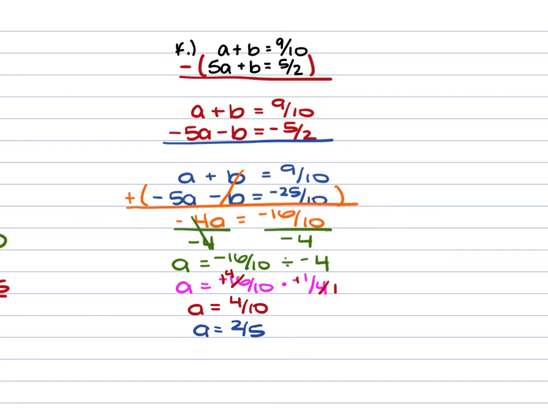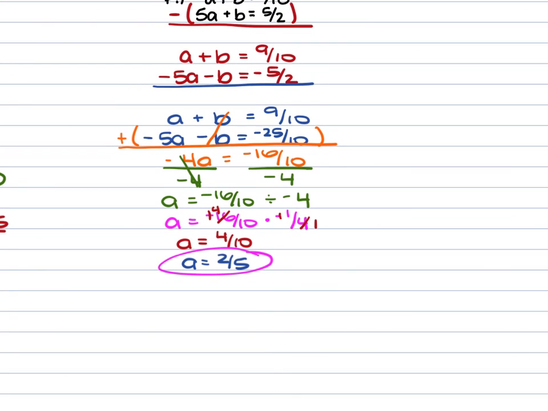Now that I have what a is equal to, I'm going to plug this into one of my original equations and solve for b. I'm going to use the top equation that a plus b is equal to 9/10. So a is 2/5 plus b is equal to 9/10. I'm going to subtract that 2/5 from each side.